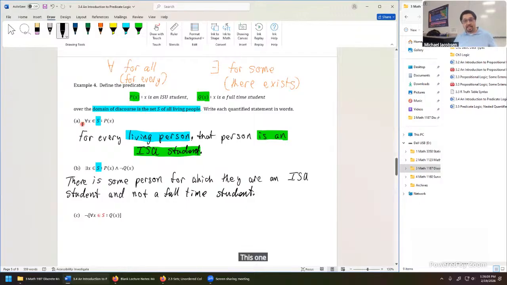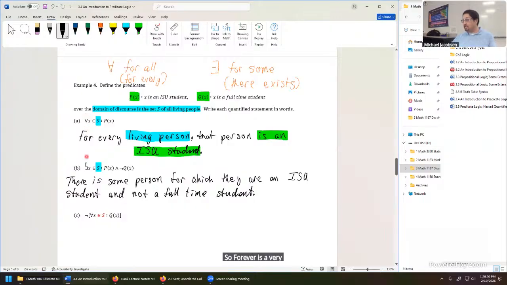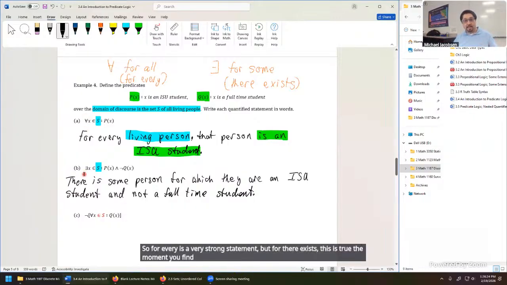The previous one looks like it's just obviously false. I know plenty of people who are not ISU students, and just finding one person who's a non-ISU student that's alive today is enough to show the whole statement was false. So for every is a very strong statement, but for there exists, it's true the moment you find just one part-time student who's enrolled in ISU. I'm sure there's quite a lot.